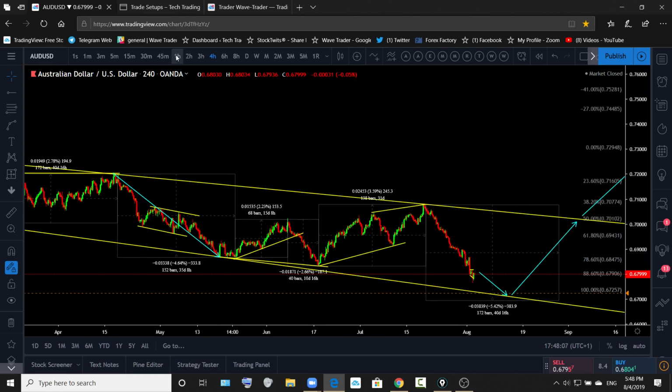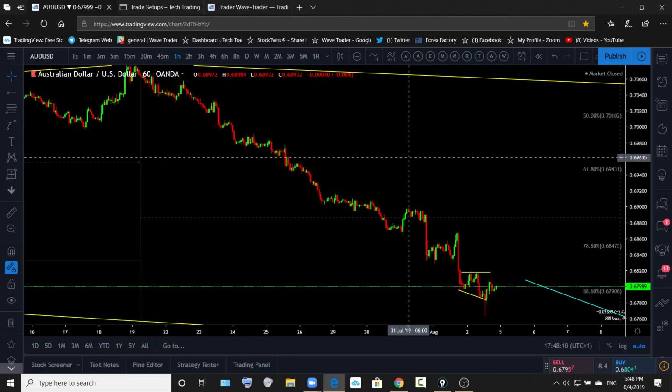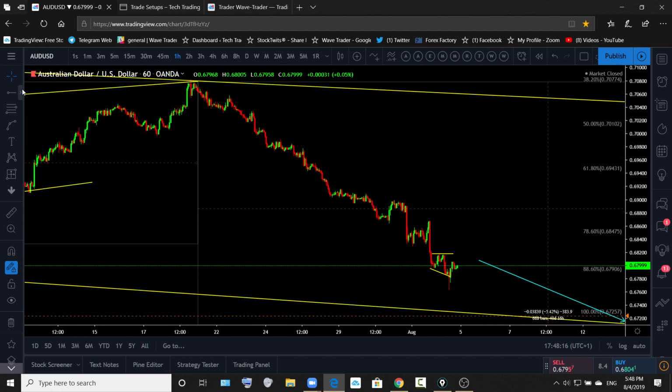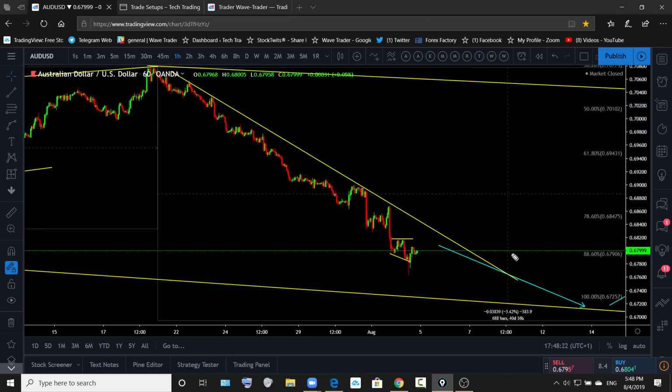So let's get onto the lower time frame, and we are still looking for this to slowly keep pushing lower the way it is doing right now, and bounce off, correct, and reverse the trend.